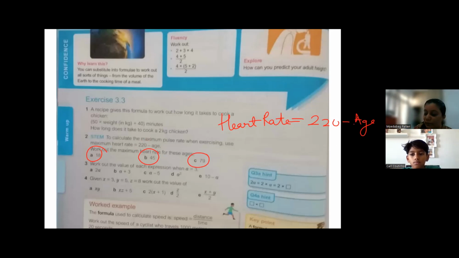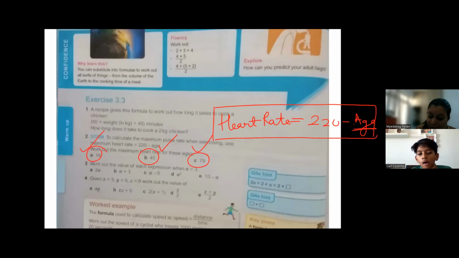We have to find heart rate for these ages. Where we have the variable age, we'll put the value 18 first, then 45, then 79, because this is the formula: heart rate equals 220 minus age. Let's find it for 18.